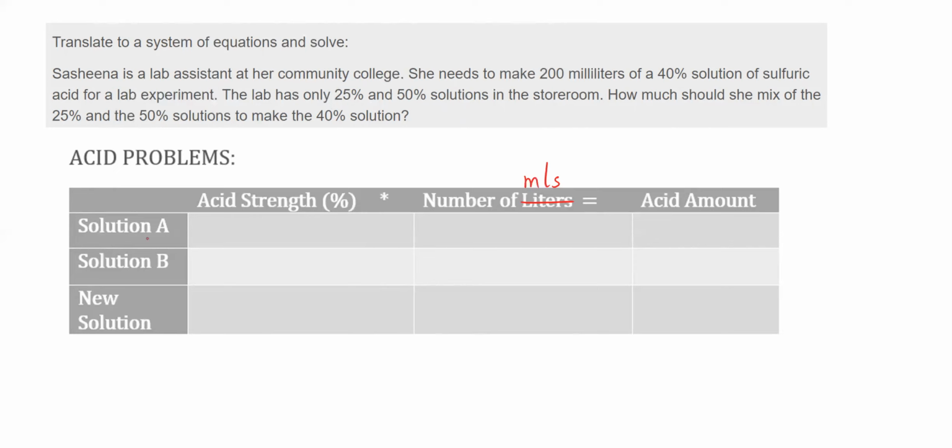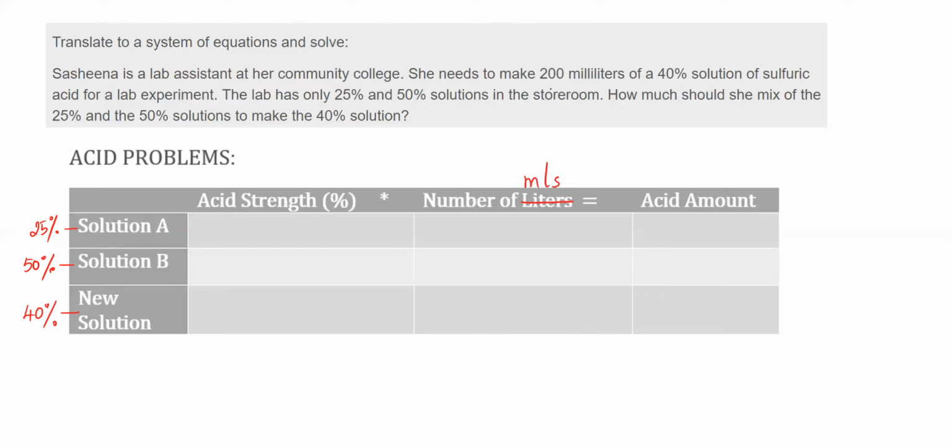Solution A is 25% concentration. Solution B is 50% concentration. The new solution must be in between, and they say they want it to be 40%. Now we know the strength, we really don't know the number of milliliters to obtain from each of those solutions, A and B. So let's scan the problem.